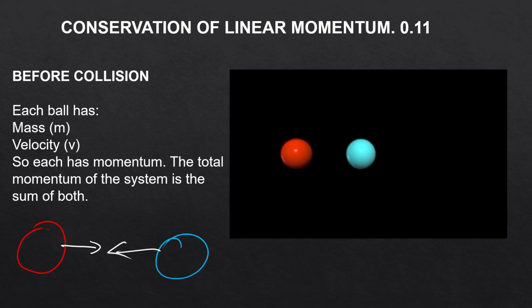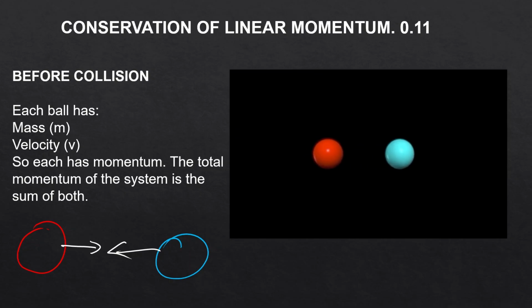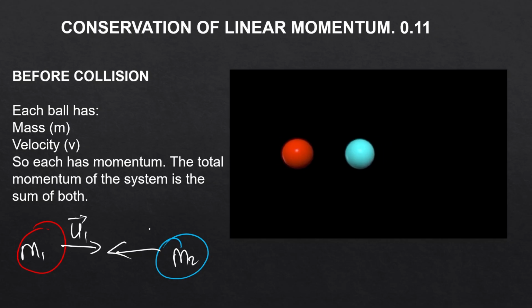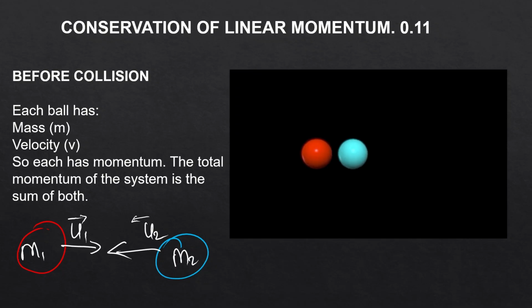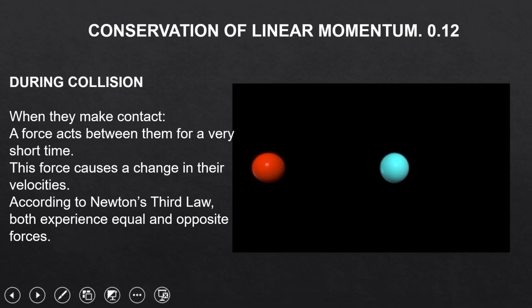So they have not collided, but the momentum can be considered as m1 times the speed of that one, plus m2 times the speed of this body. You add the two of them. So the total momentum here will be the sum of the momenta of the two bodies, when you consider each one, before collision has occurred.